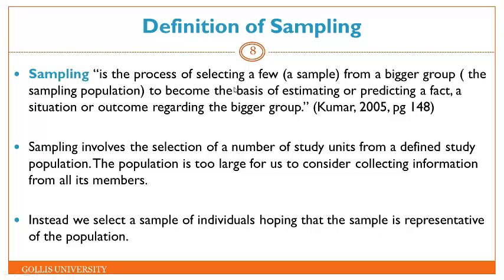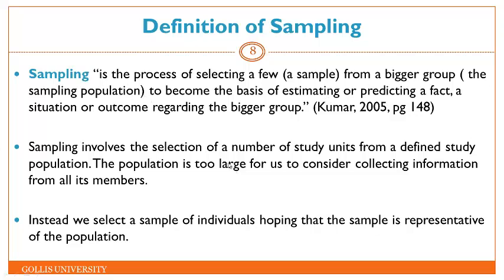Meaning that according to Kumar, you select a few. That few he calls a sample from a bigger group. That bigger group he calls the sampling population, or in this case, the study population. So using the results you get from the sample, you can make an estimate or predict a fact about the entire bigger group.